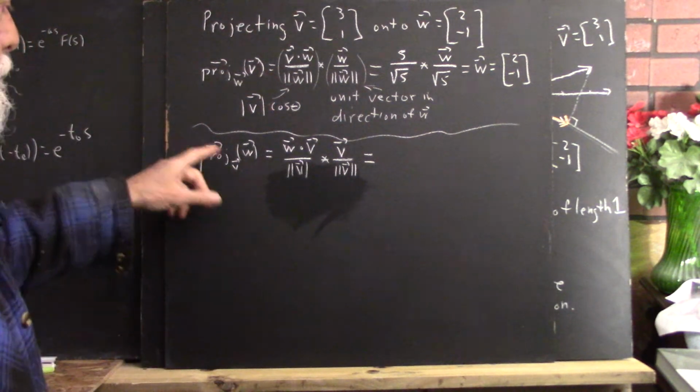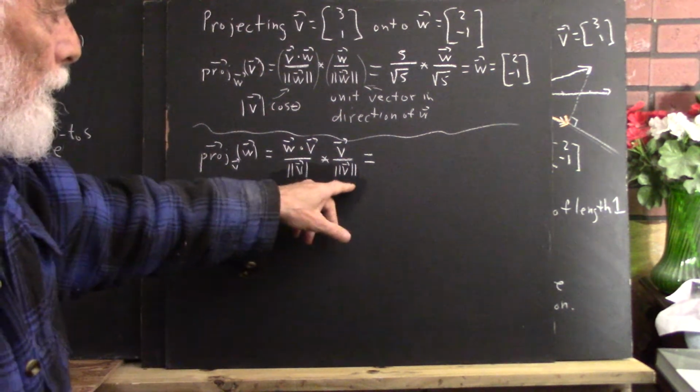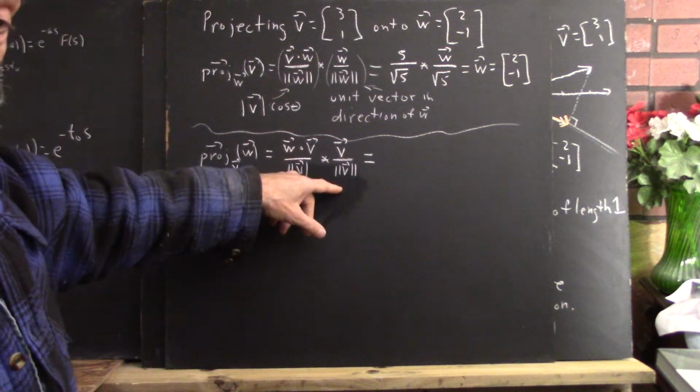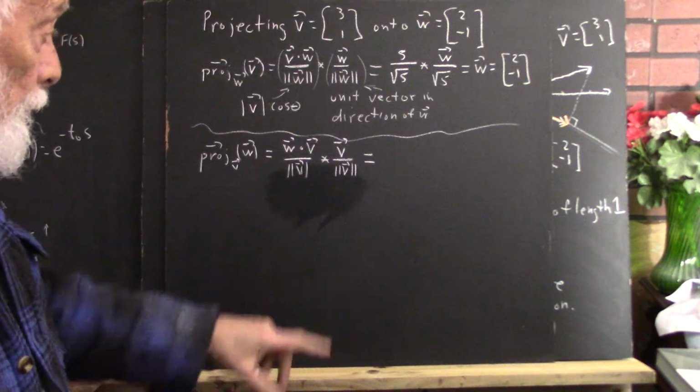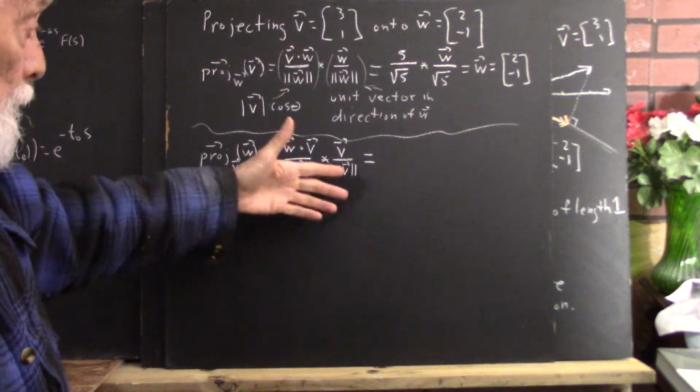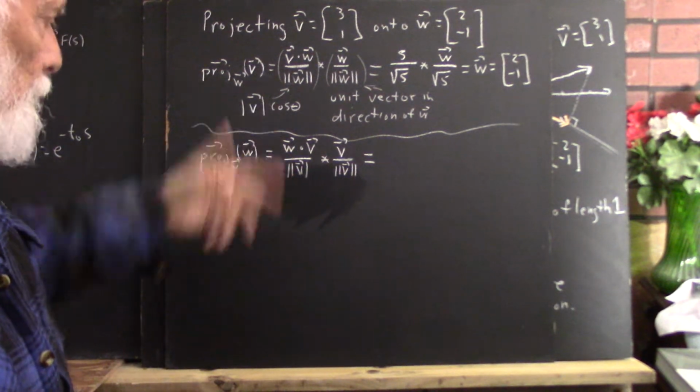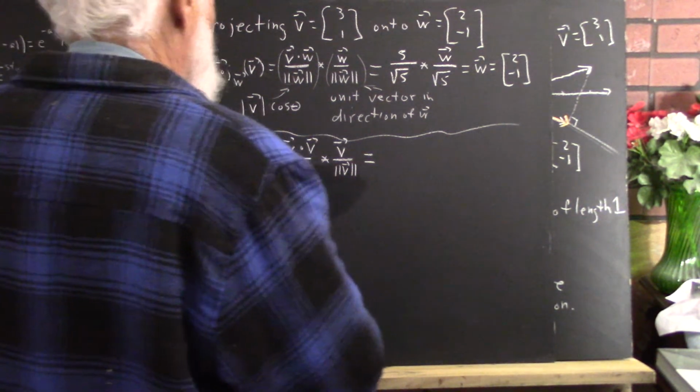Remember, since we're projecting onto V, it's got to be magnitude of V here, V over magnitude of V, because we're going to get a vector parallel to V, or in the direction of V or opposite, and so forth. Now we can do the calculations.